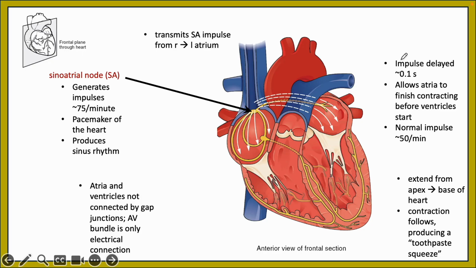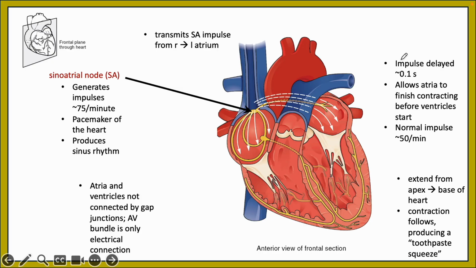This is the node that is known as the pacemaker of the heart. It produces your normal sinus rhythm, and deviations from that are generally due to neural input, or will be due to endocrine signals altering the contraction of the heart.